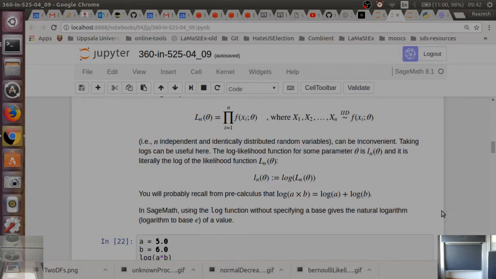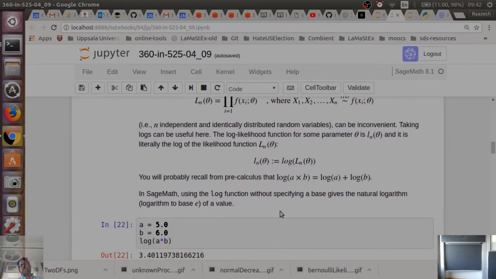That could be numerically unstable, or even mathematically harder to track. Because log has this nice property that log of a times b is log of a plus log of b, we can take these product expressions and turn them into sums of logarithms of the individual densities, right? So that's the main idea for log.